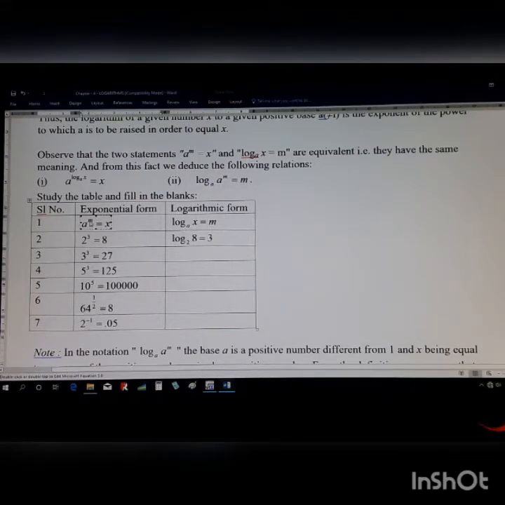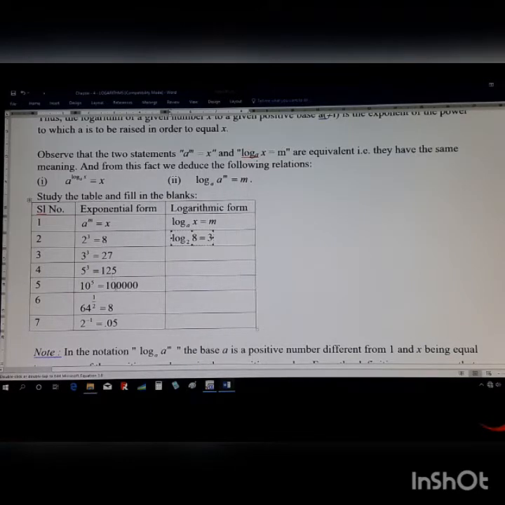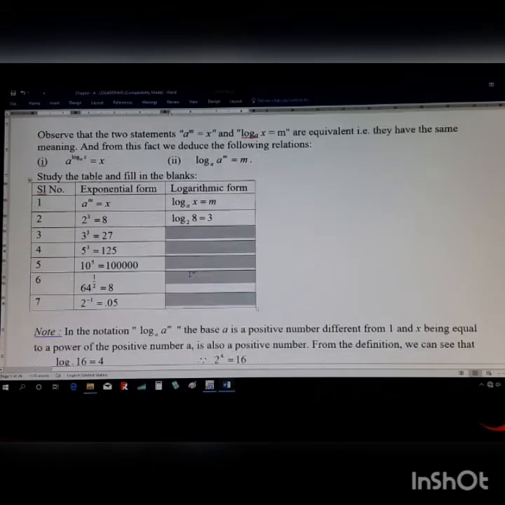Then this power will be the value of the logarithm. The same is the case for this also. Now log of 8 to the base 2 is 3. That means log of 8 to the base 2 is 3. Now you can try out the remaining exponential forms here. I am leaving these blanks for your practice.